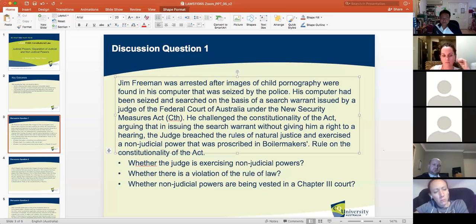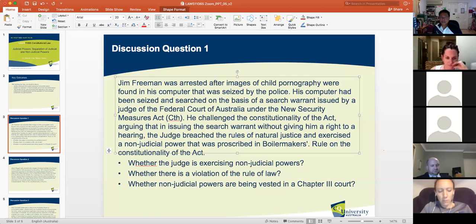I'm just wondering then, for the issue of search warrants, for a search warrant to be authorised for the police to go in and do whatever they're searching for, even a magistrate, someone that has basically non-judicial powers, can actually authorise that warrant even in extreme cases.